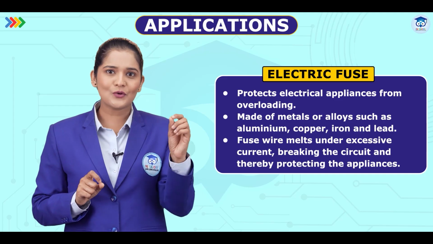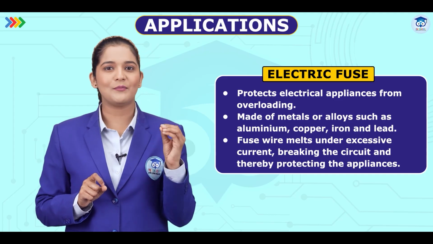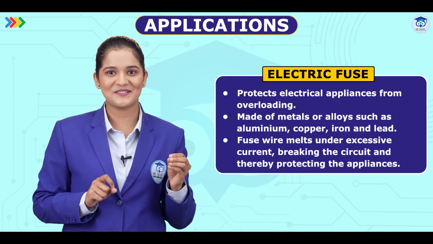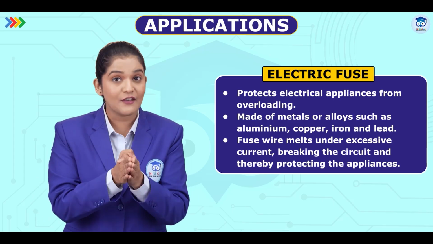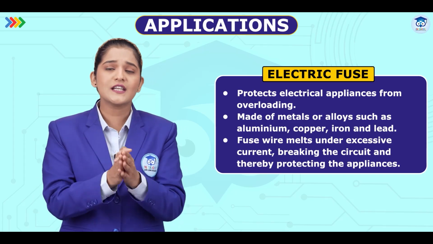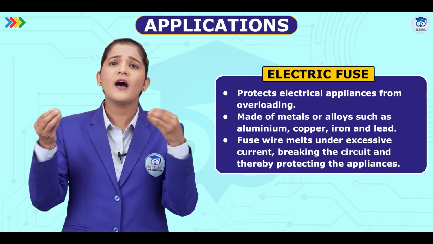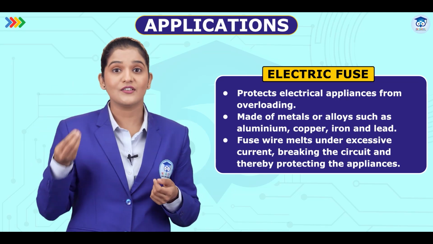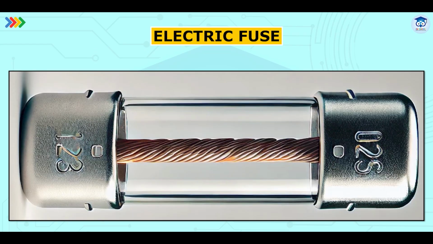The electric fuse is yet another crucial application of the heating effect. It serves as a safety device designed to protect electrical appliances from high voltage or overcurrent situations. A fuse is composed of a thin wire made of metals or alloys like aluminium, copper, iron, or lead.